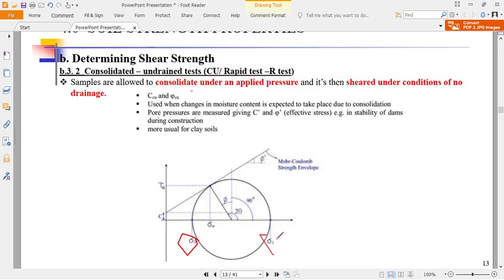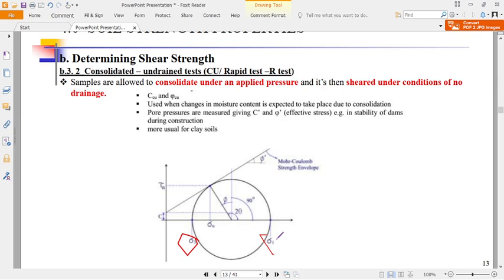Obviously, that one will give you the cohesion. Normally, this one here is for soil which is normally clay soil. Is that okay? But where there will be somehow drainage. Okay? But failure will occur under the condition of no drainage. So usually when changes in moisture content are expected, there will be conditions of drainage, especially in dams, stability of dams.